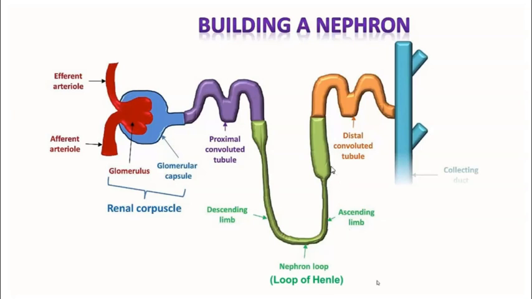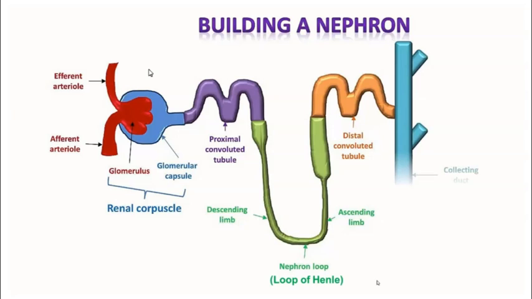Finally, filtrate leaving the loop of Henle will enter the last part of the renal tubule that's called the distal convoluted tubule. That filtrate, after leaving the distal convoluted tubule, will be directed into a structure in teal here called the collecting duct.